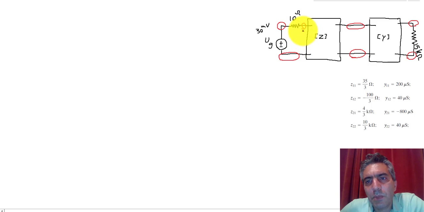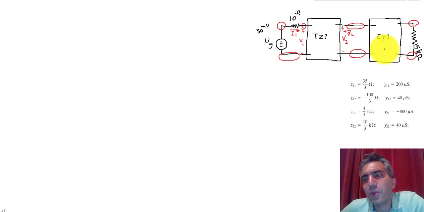So this port, I'm going to call it V1 to basically go with what we have. When we write the equations, we use these currents and voltages, so I'm going to try to stay consistent so that we don't have to change much for the first system.